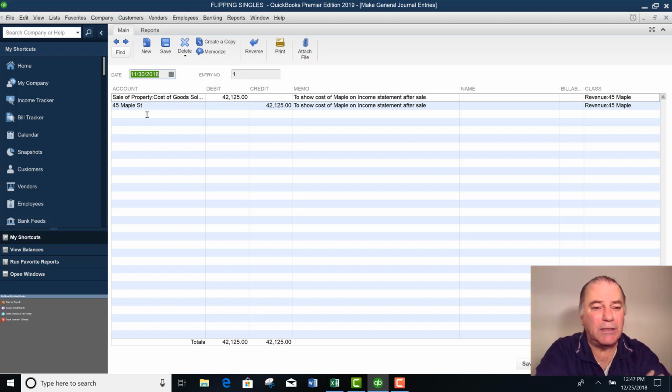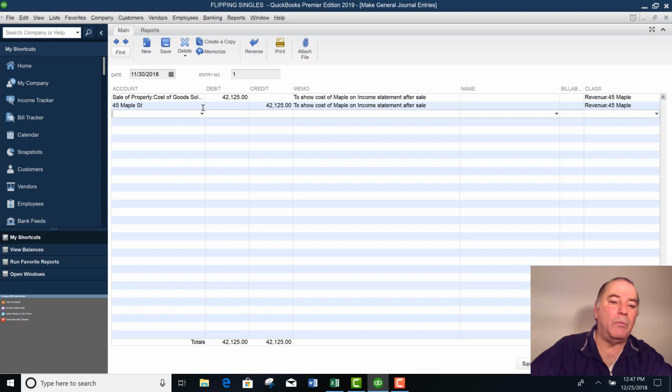the balance sheet. And like what I just said about the 42,125, I had it broken down. Well, even if you don't, you're adding everything in on the balance sheet, so your total on the balance sheet for that property ends up being credited out, and the debit goes over to the cost of goods sold on 45 Maple.